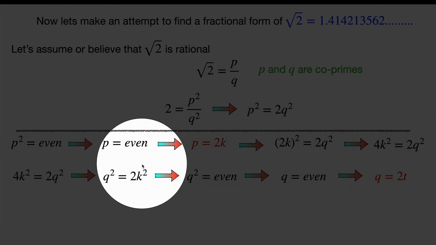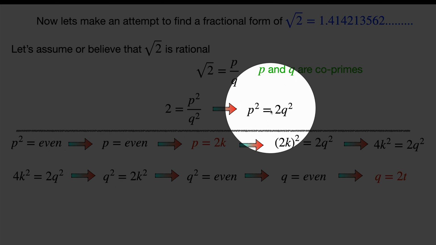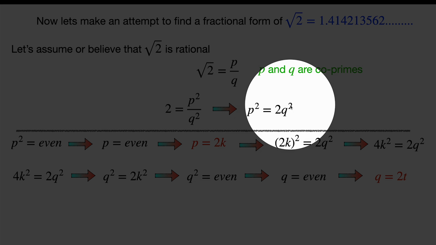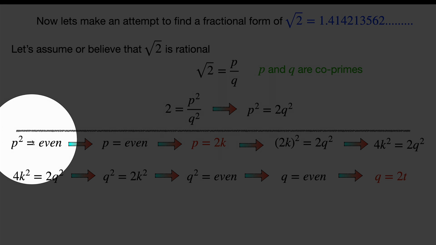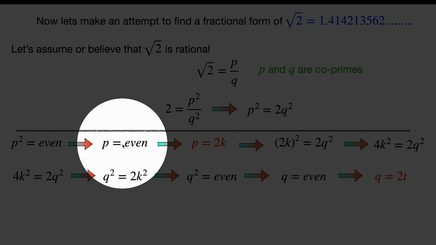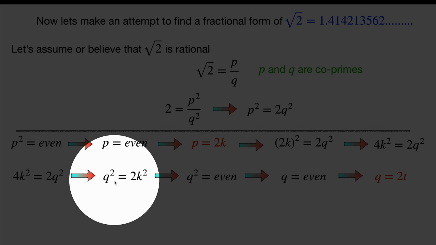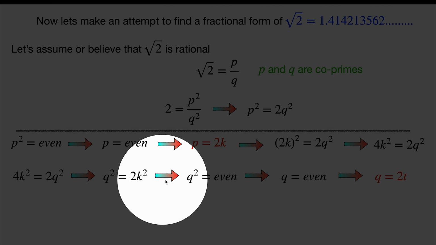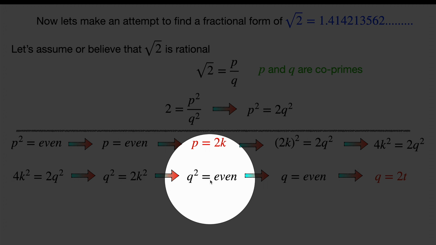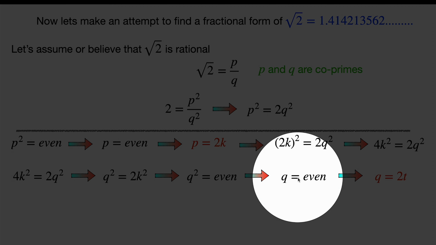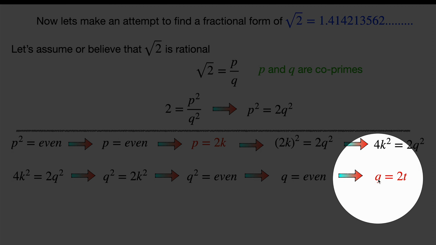The same way we got this: we got p square equal to 2q square, that means p square is even, that means p is even, that means p equals 2k. Similarly, I got q square equal to 2k square, that means q square is even, that means q is even, that means q equals 2t.